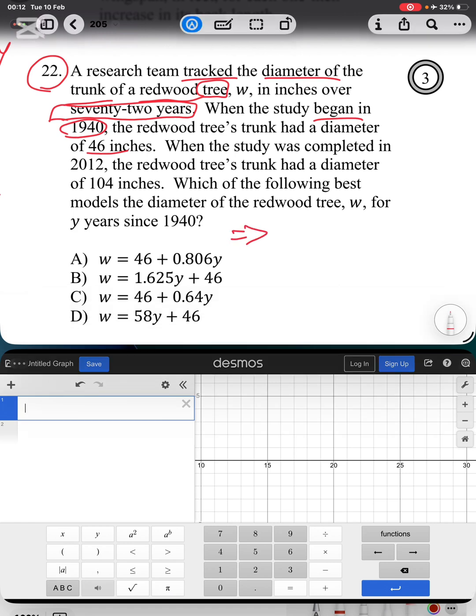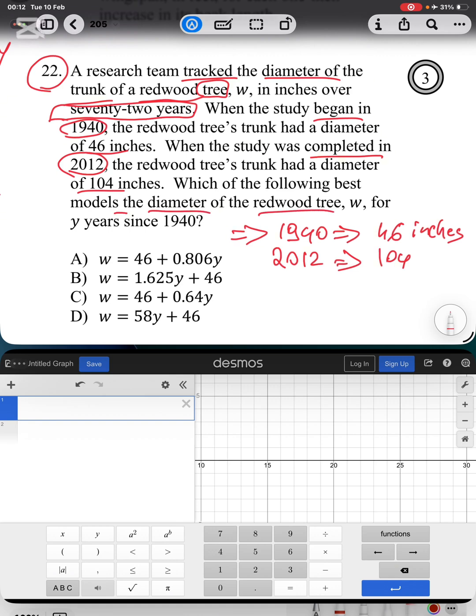So it's recommended to just simply write down the number of years. Here, it was 46 inches, right? Then when the study was completed in 2012, it was 104.